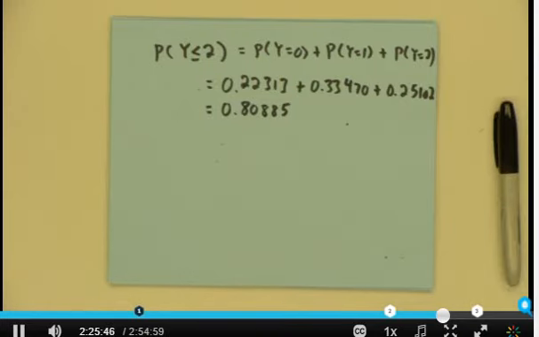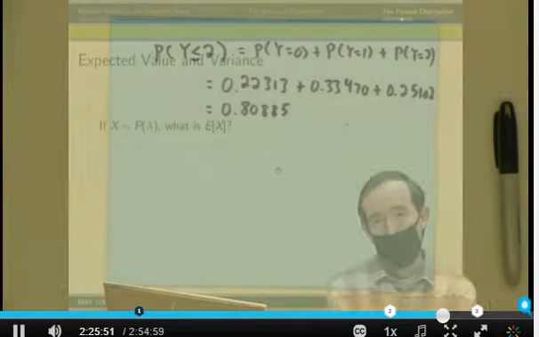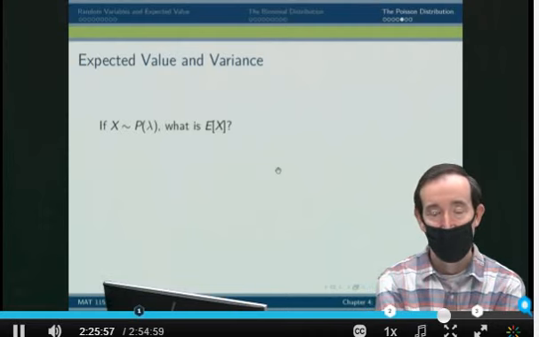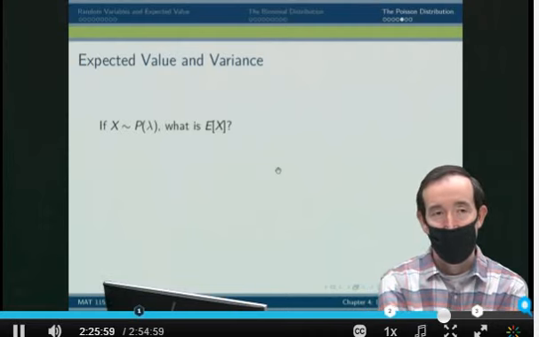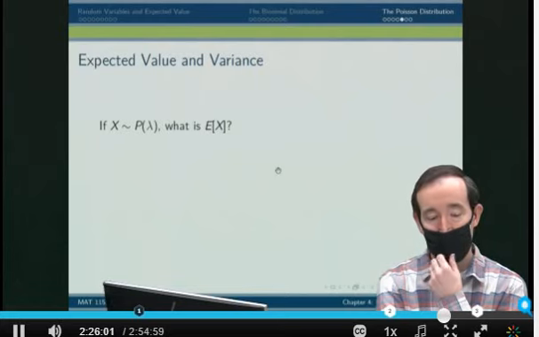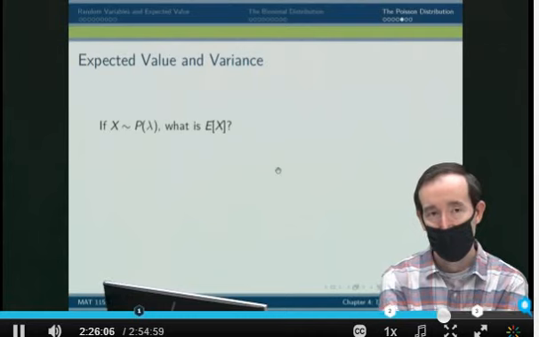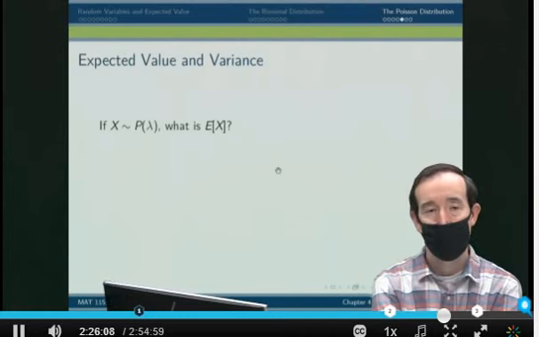Well, so let's switch back to the slides then. And if I want to know, given a Poisson distribution, what the expected value might be, let's think back to that example a moment ago with the volts. The defective rate, the thing we used for lambda, was 1.5.